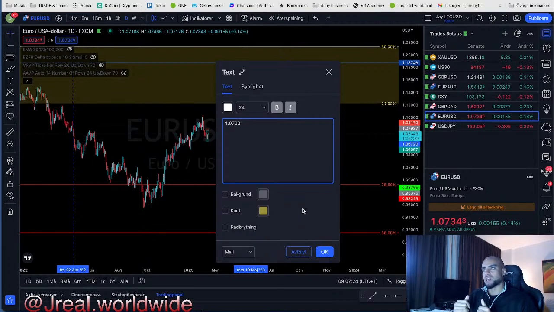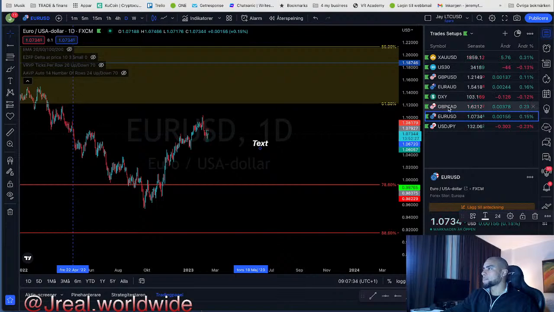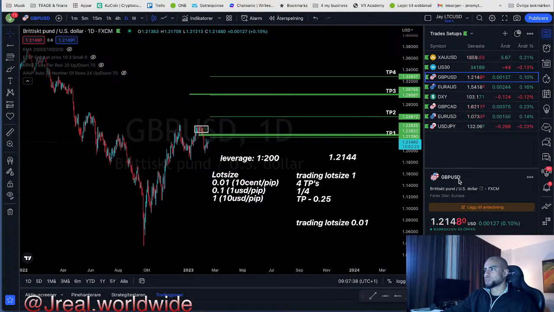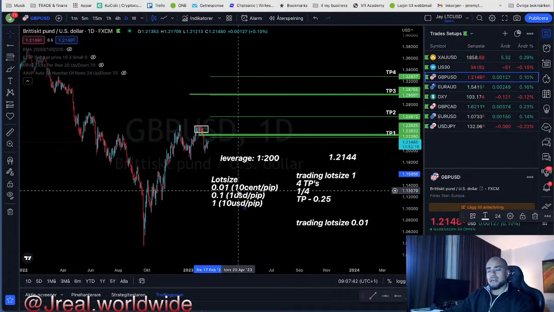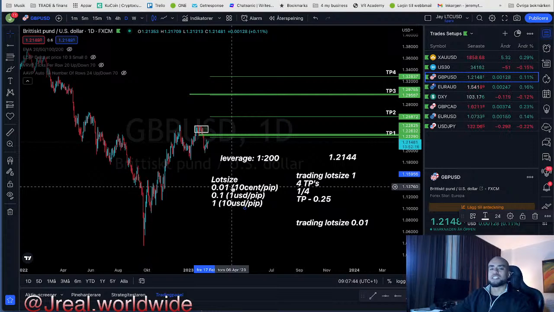So now when you understand what pips are, then you understand how your profit increases and decreases when you're trading, because lots is how much you bet into each and every pip. So the smallest lot you can use, let's see if I still have my notes from yesterday that I did with you guys. Yes, I have it. All right, so the smallest lot size is 0.01. It's called a micro lot.